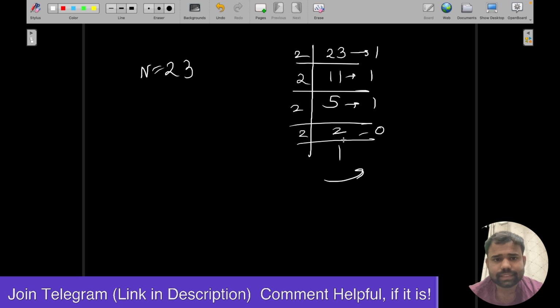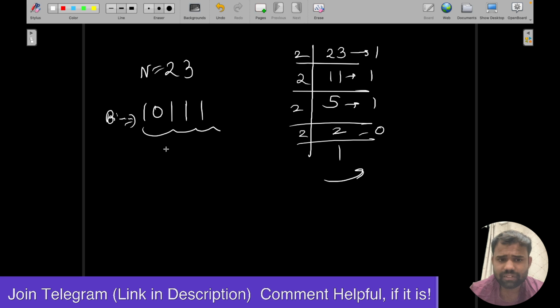So this will be the binary form of the number n, right? And if you find the sum of this, it will be 4: 1 plus 0 plus 1 plus 1 plus 1 is 4. Now, based on the sum of these binary digits, if this is even, you have to print even. If this value is odd, you have to print odd.